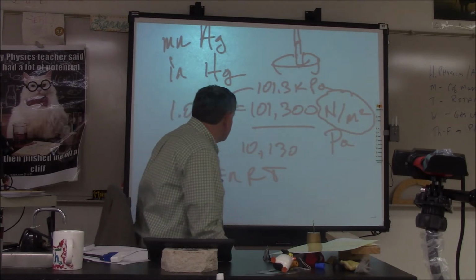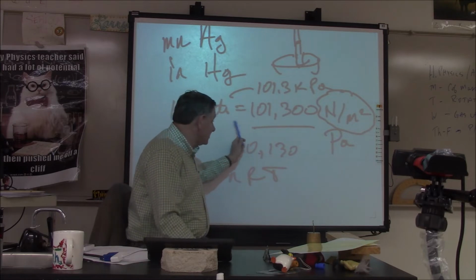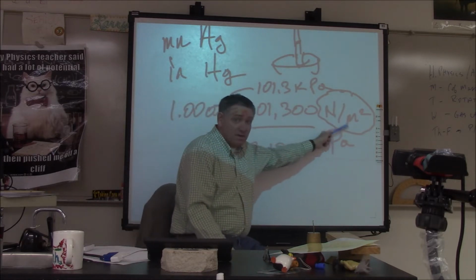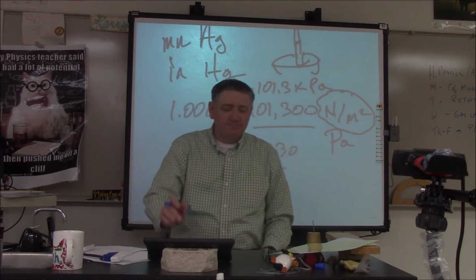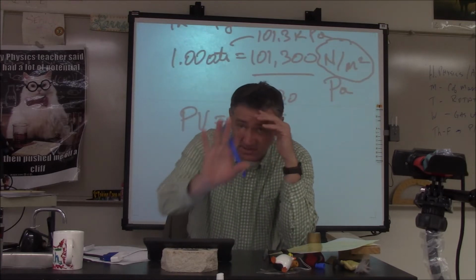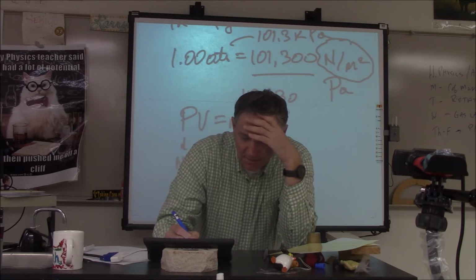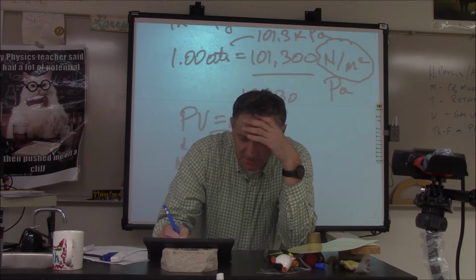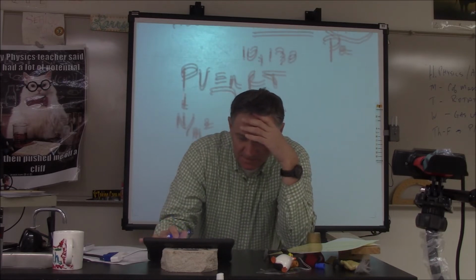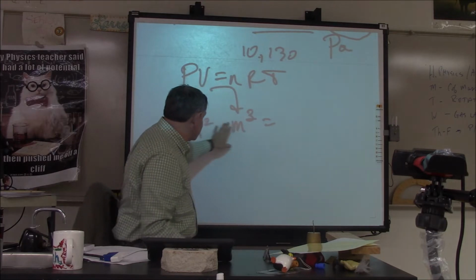But here's the nuts and bolts of what we're going to do. We're going to use newtons per square meter. So let's just look at the units. I've got a pressure here in newtons per square meter. Now, the volume is going to be in cubic meters. Now look what happens here.